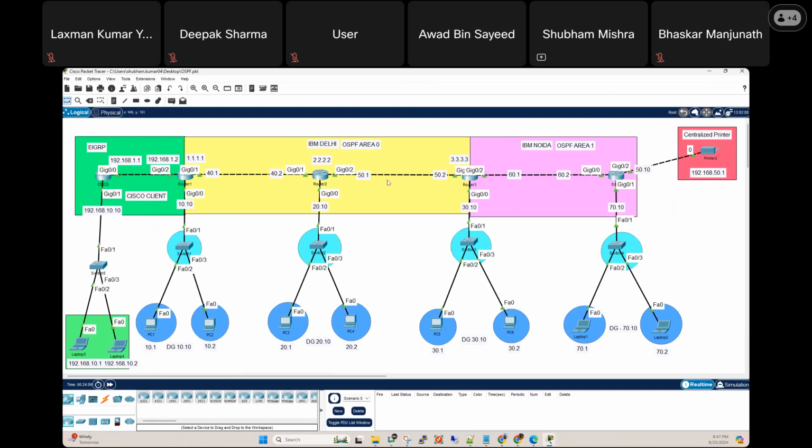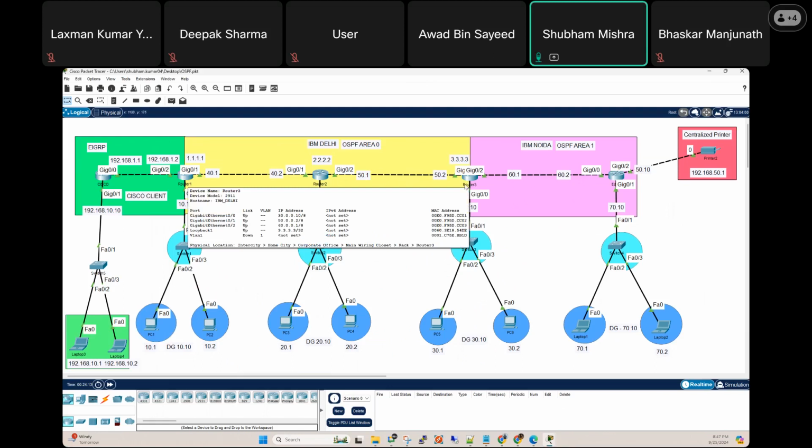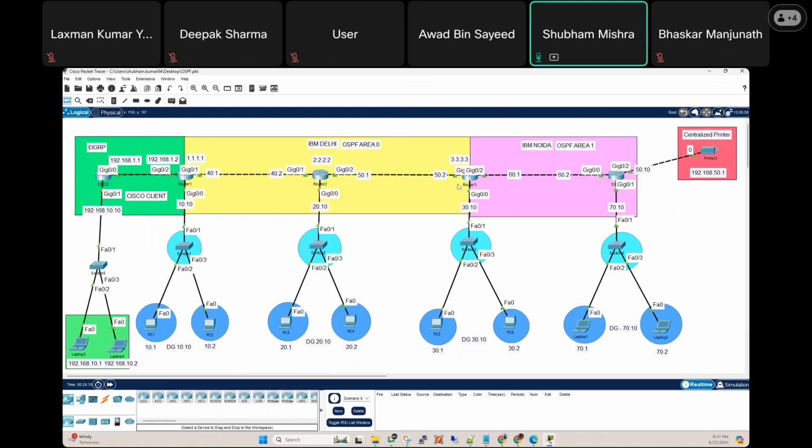And what will this router do? It calculates the total metric. For example, I received this prefix from this link, and the metric is 1. And I am sharing this link with this router. So the total metric is 1 and 1, 2. So this router will receive the total metric 1, 1, 1.